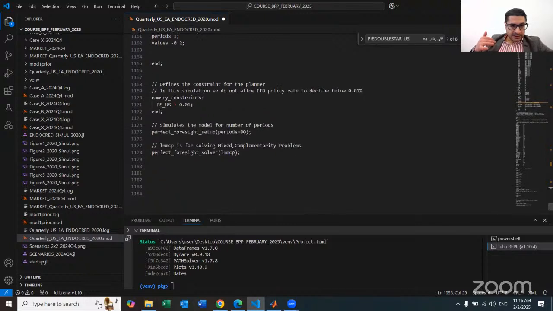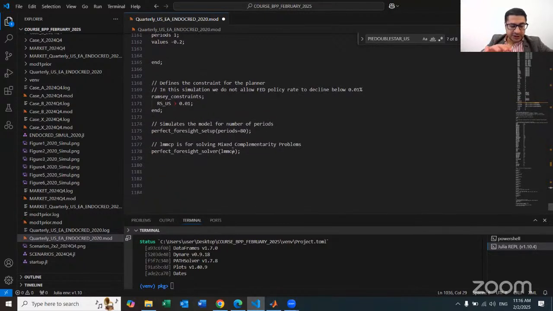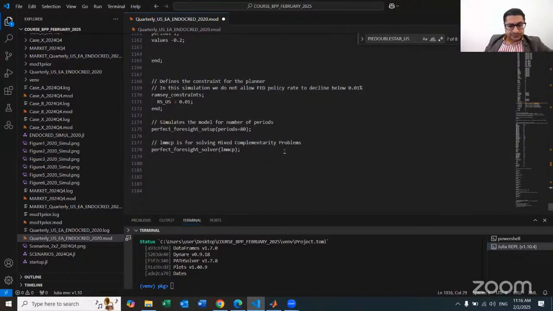Okay, let's finish this. Run Dynare Julia, get the results, and then look at the shocks again. And here, what is also a requirement to set is the Ramsey constraint, similar to the block for the ECB with the ZLB reaction function constraint.